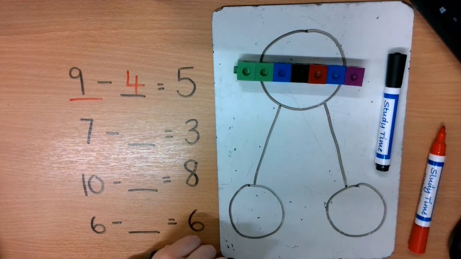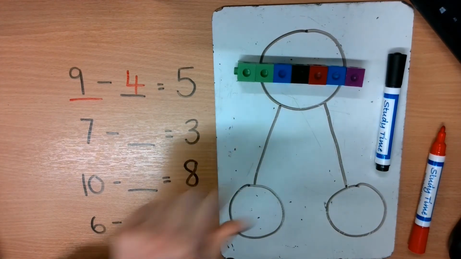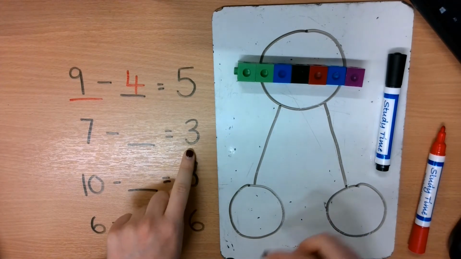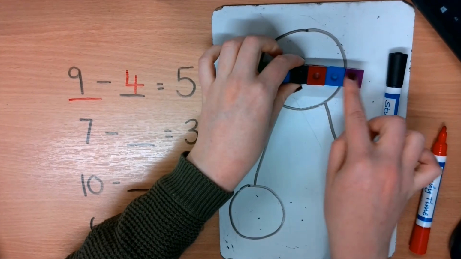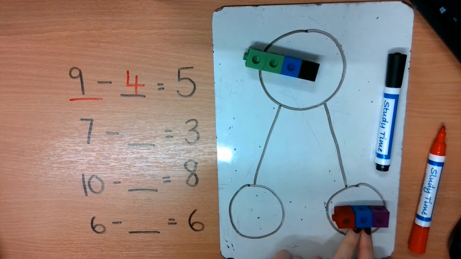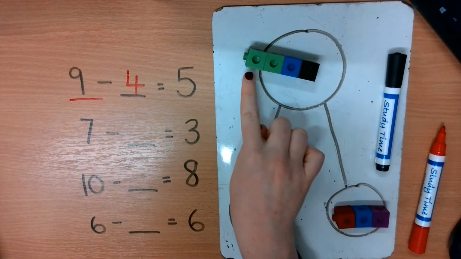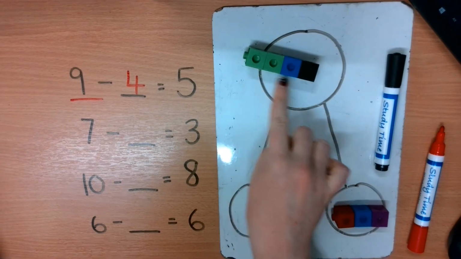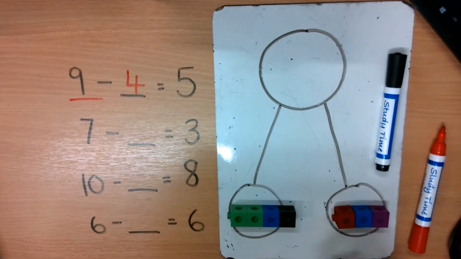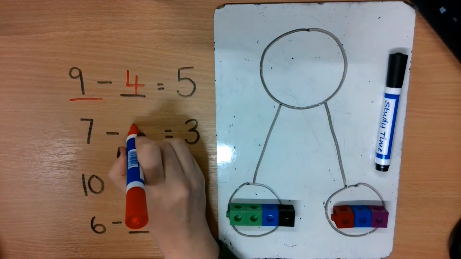Well done. So 7 is my whole. I can see that one part is 3, so I'm going to snap 3 off to put in one of my parts and see how many are left over. What is the other part? You're right, it's 4.